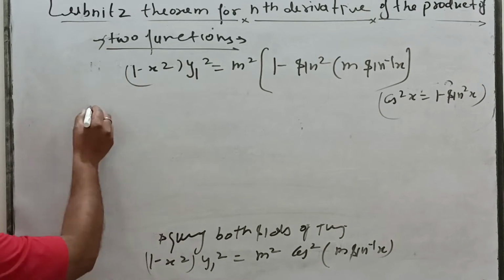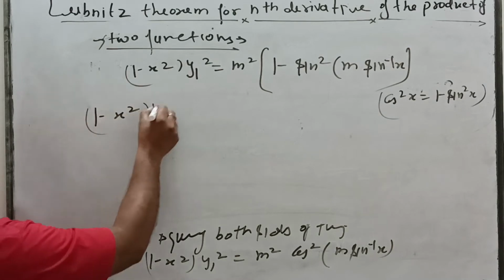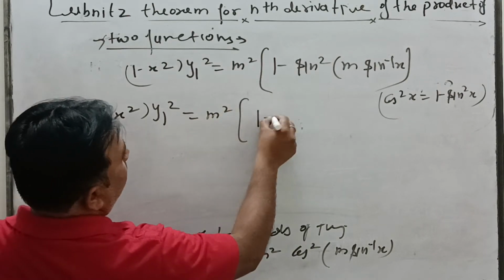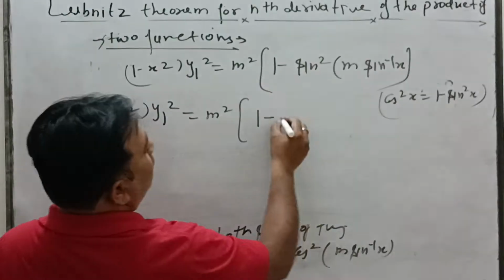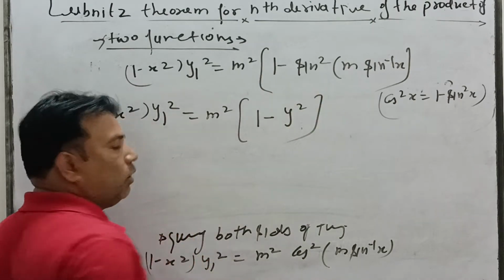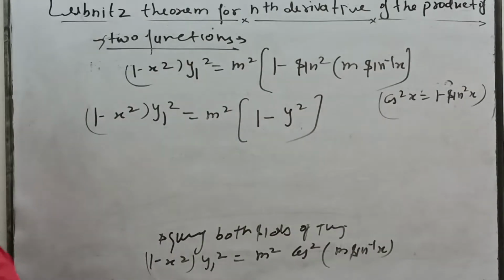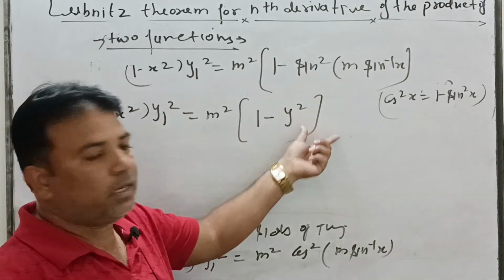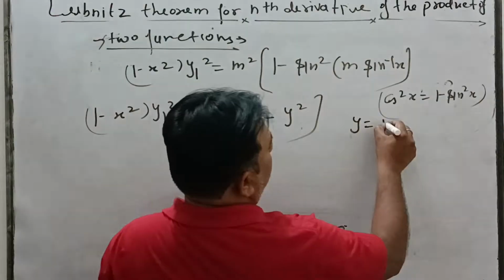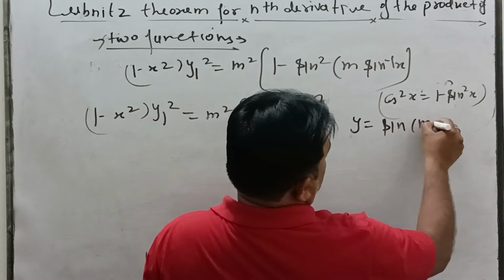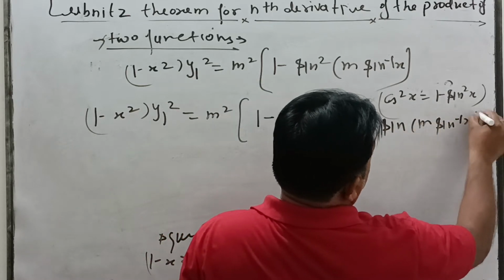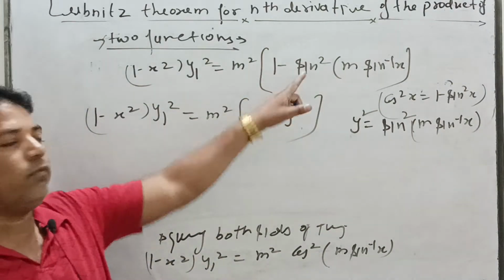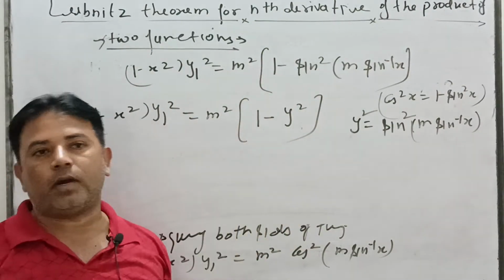Since y equals sin(m sin inverse x), sin square(m sin inverse x) is y square. So this becomes m square times (1 minus y square).